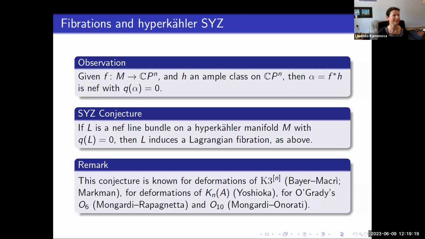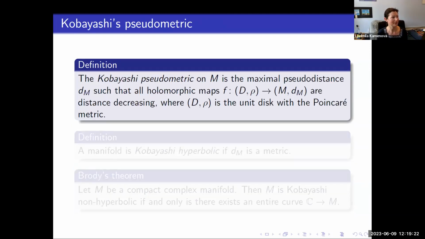Okay. Yes. So now let's introduce the Kobayashi pseudometric on M. This was introduced by Kobayashi almost a century ago, and this is the maximal pseudo distance such that if you have any holomorphic map from the unit disk with the Poincare metric to the given complex manifold M with this pseudo distance, it is distance decreasing.